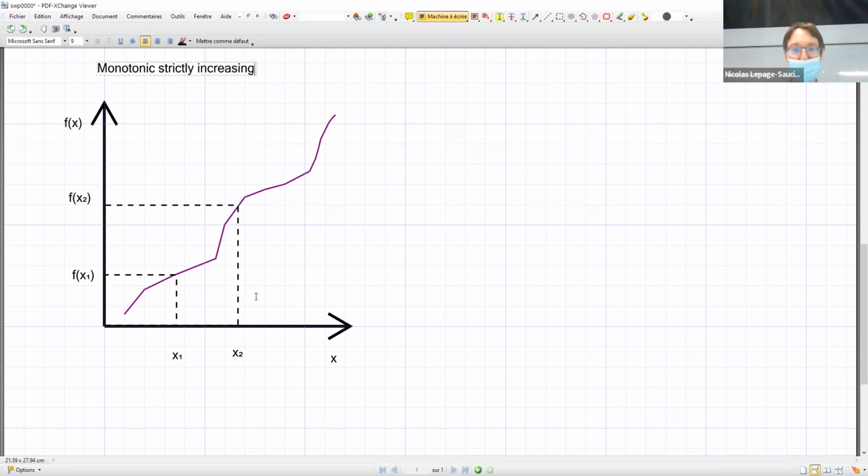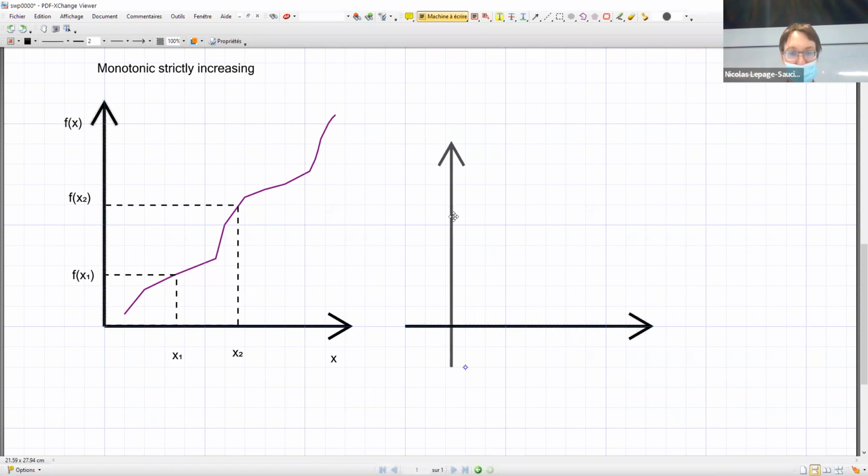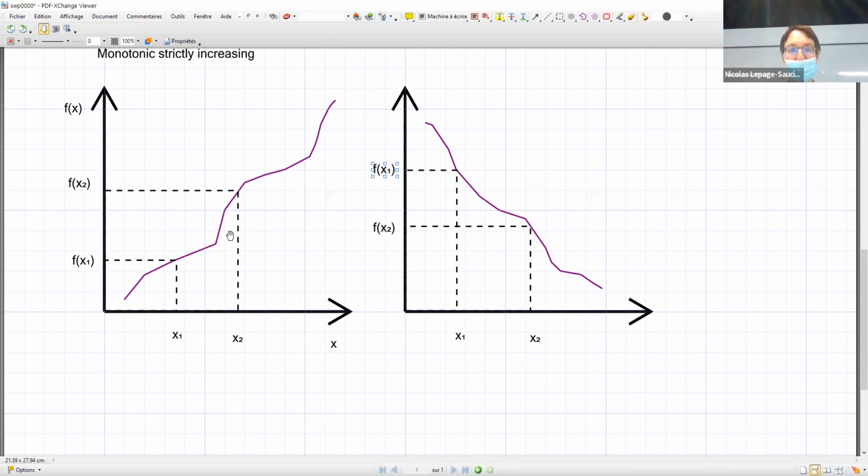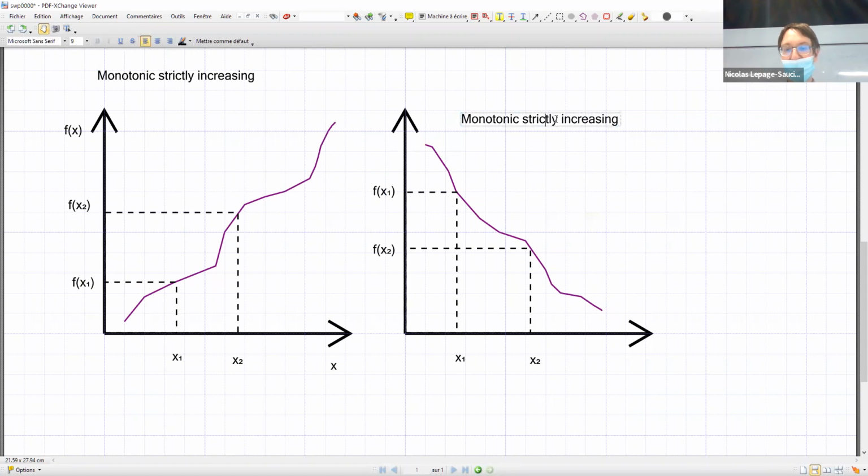And then I can do monotonic strictly decreasing. And then neither monotonic increasing nor decreasing would be something with valleys and canyons and stuff.